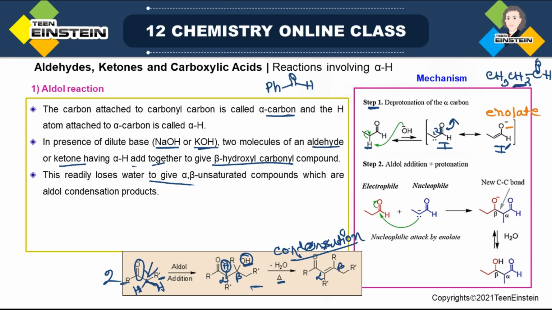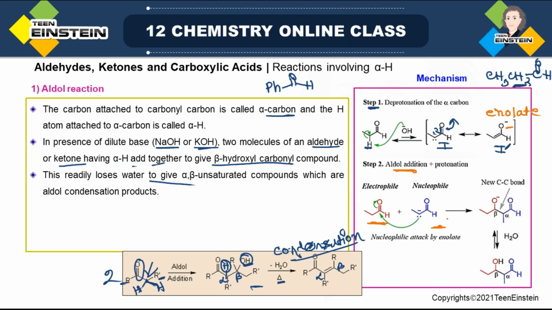In the next step, there will be an addition reaction. This enolate is acting as a nucleophile. It is attacking the carbonyl carbon. And you can see from the color, though both are the same molecule, both are propanaldehyde, one is in blue color, the first molecule where the carbanion is generated, and that is added to the second molecule, which is in red color.